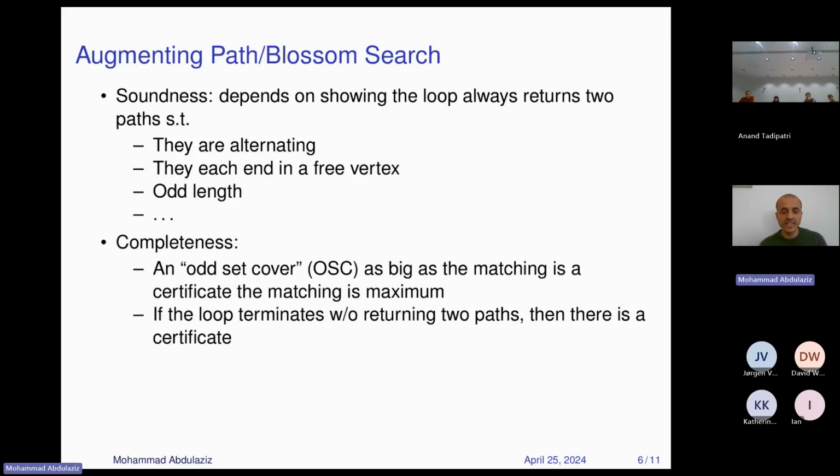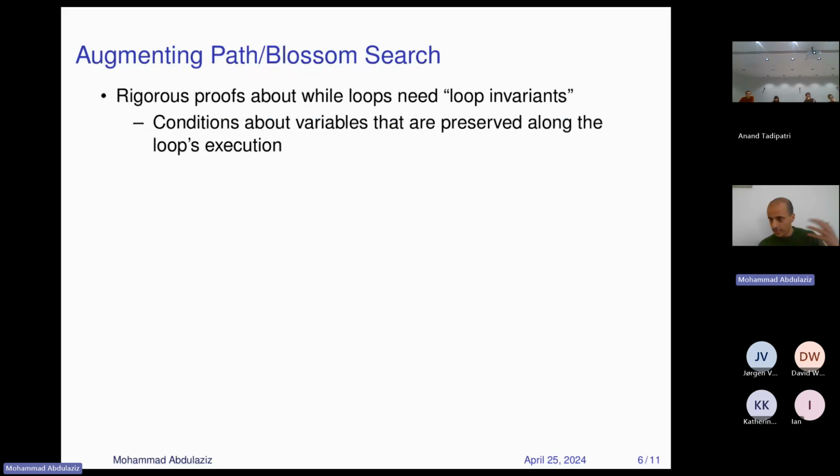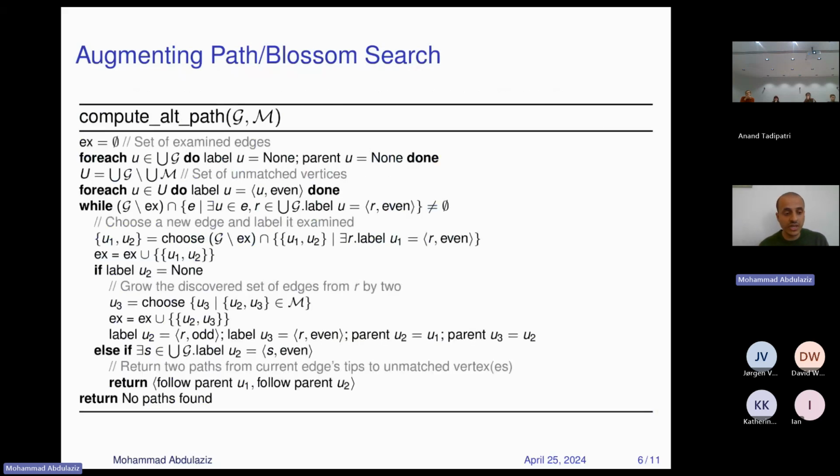So in order for you to prove something like that about a while loop, you need to specify and prove so-called loop invariants. What is a loop invariant? These are conditions about the variables in a program that are preserved along the loop's execution.